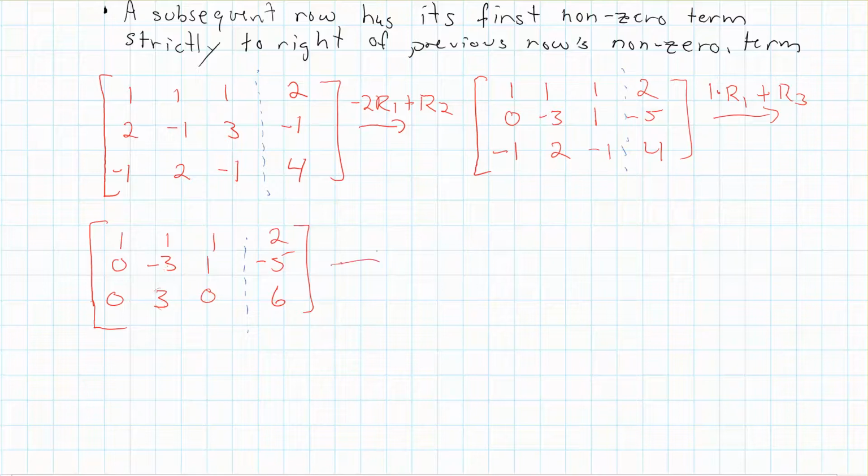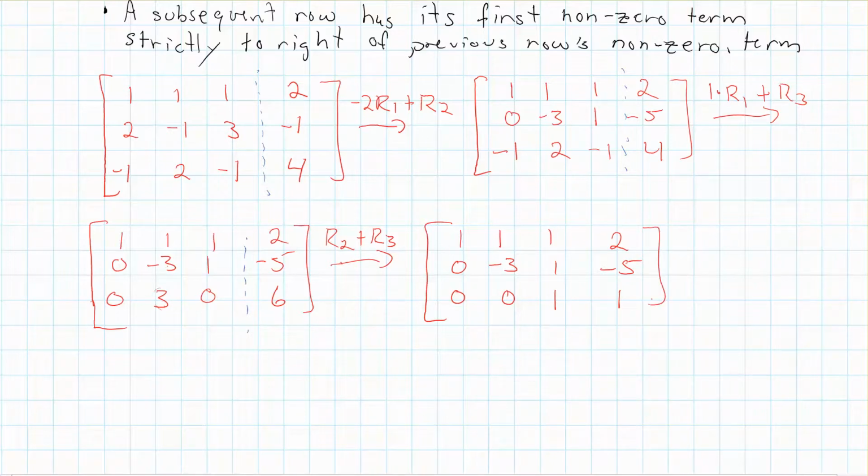And so I'm just going to do row 2 plus row 3, and then I'd have 1, 1, 1, 2, 0, negative 3, 1, negative 5, 0. Well, adding that, I'd get 0 here. Then I have 1 plus 0, which is 1. And then I've got negative 5 plus 6, which is also 1.